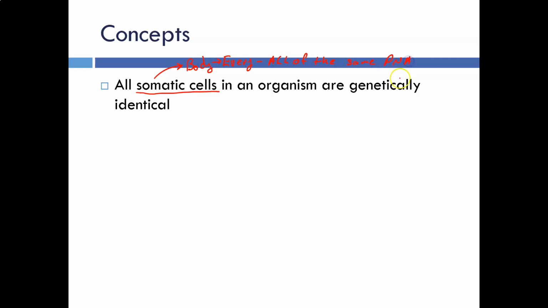However, they do not all use the DNA within their cell. For example, your brain cells have the DNA to make insulin, but your insulin is produced in your pancreas. Your brain cells do not produce insulin, even though they have the DNA to make it. They don't use it, and the reason why is all because of gene control.